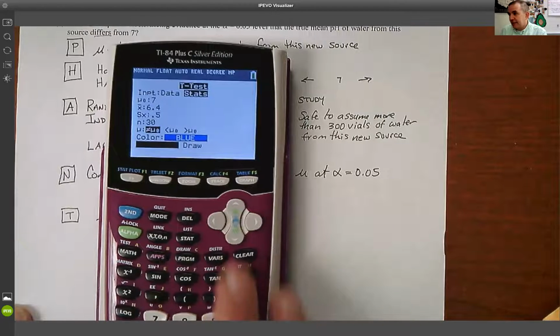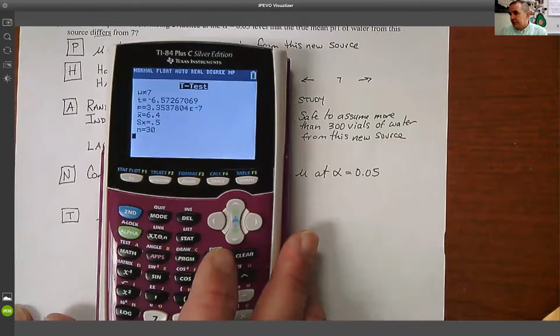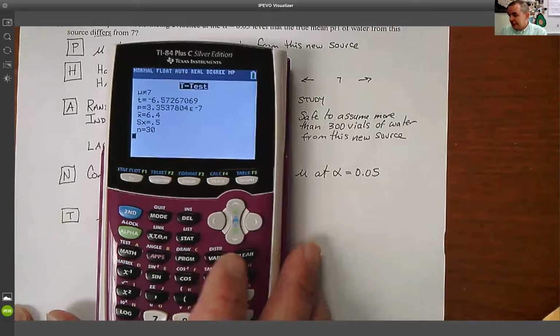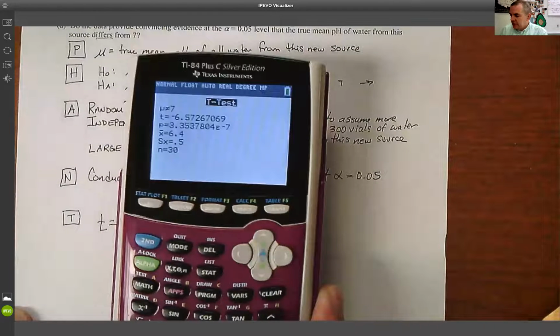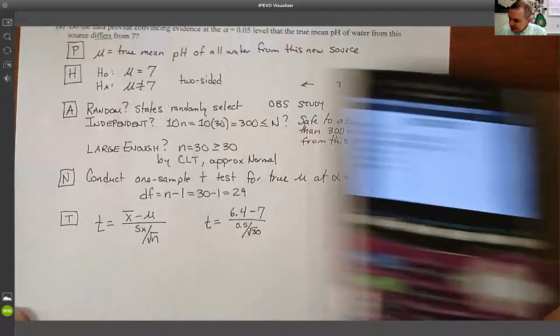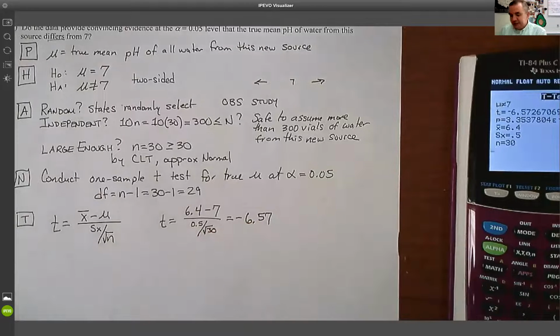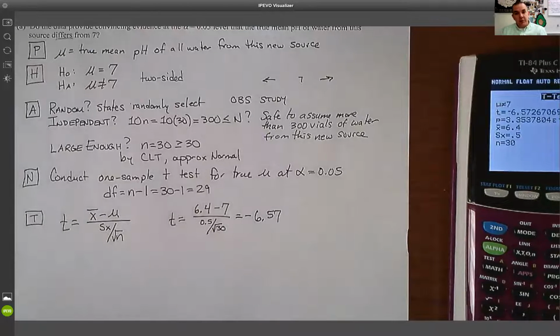We're going to go ahead and calculate. And what that tells us is we got a really, really tiny t statistic, negative 6.57. So what it's saying is this sample that we pulled was almost more than 6.5 standard deviations below average.